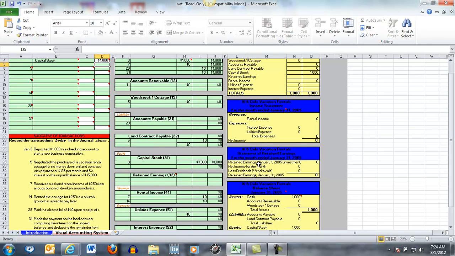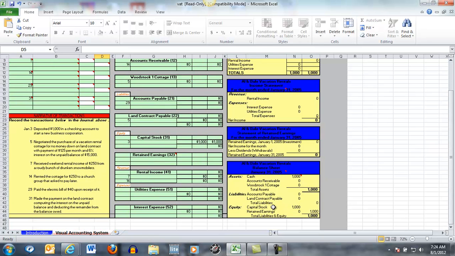See, if you have a corporation, you give the owners dividends. So the portion that you give away is called dividends, and the portion you keep is called retained earnings. Earnings are either kept or given away. In a sole proprietorship, they're withdrawn. And then you will have the financial statements. Total of the assets will equal the total of the liabilities and equity.